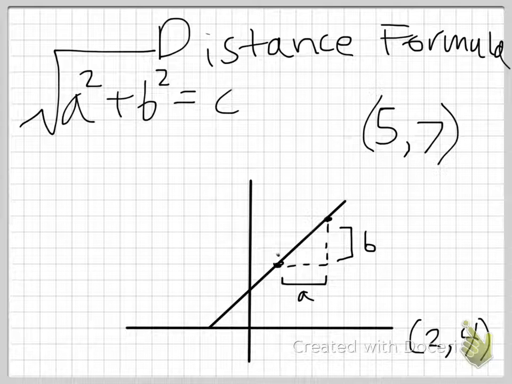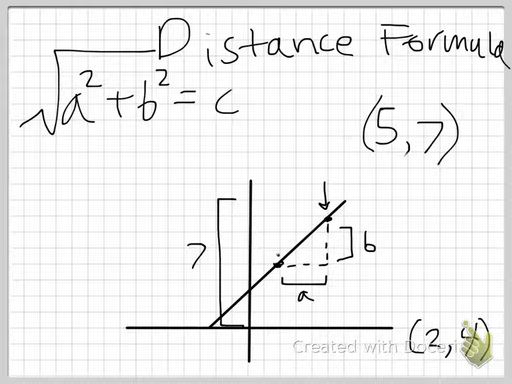So, what is b? Well, this whole distance is 7, because the y-coordinate of that point is 7.